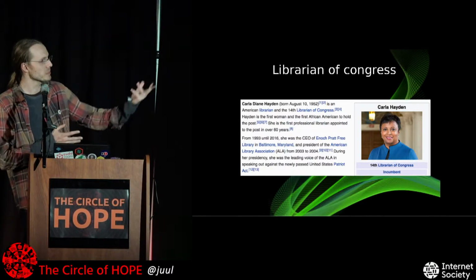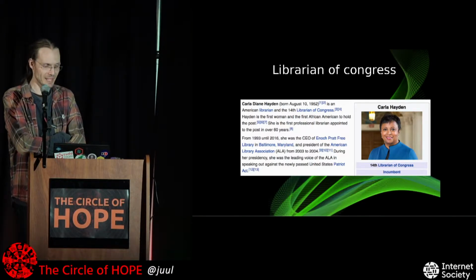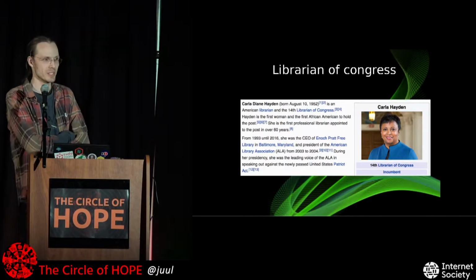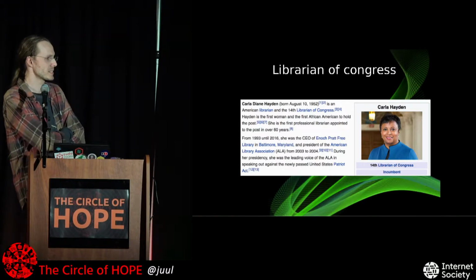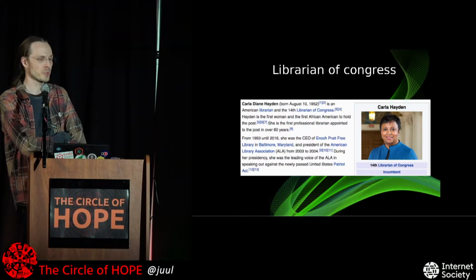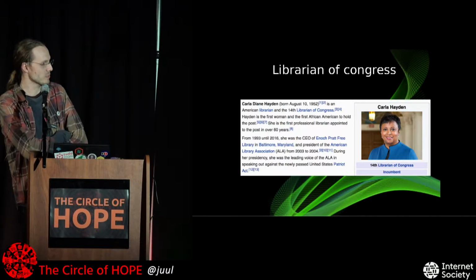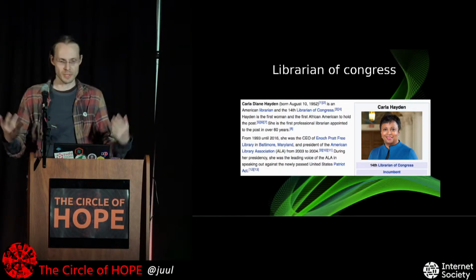So who's that? It turns out it's this really amazing woman who's an actual librarian, not just a politician, as you might expect. She used to be the president of the Baltimore Public Library, and has been vocally against the Patriot Act. How much better could it get?